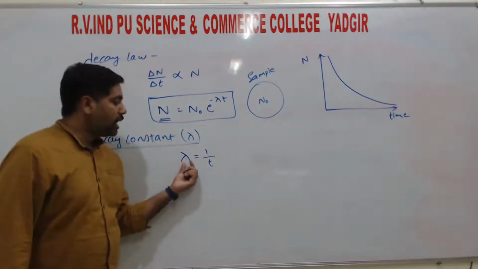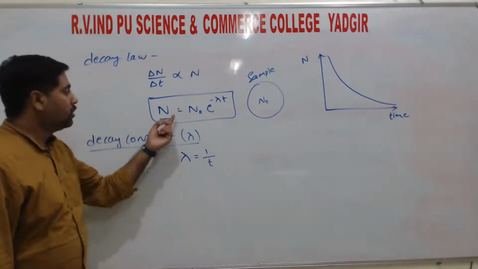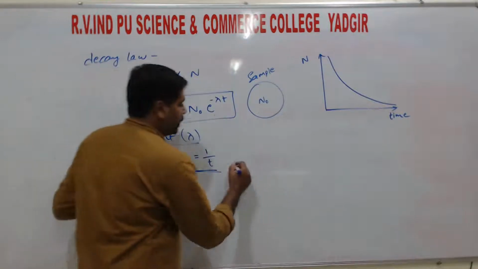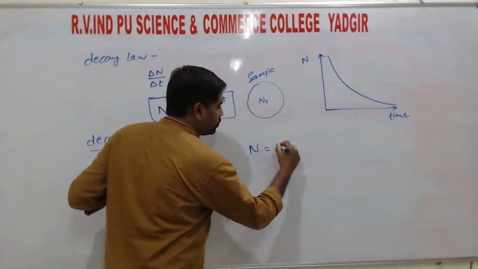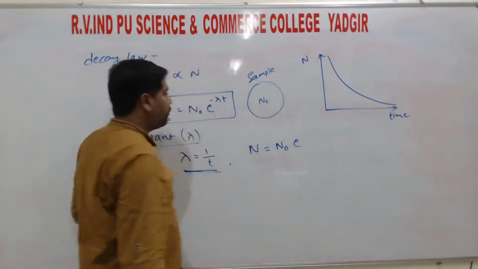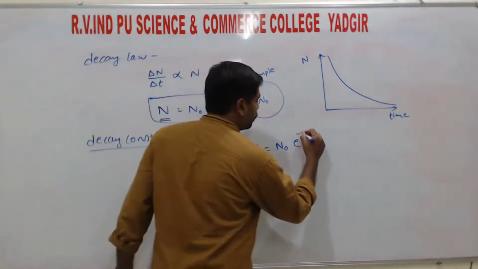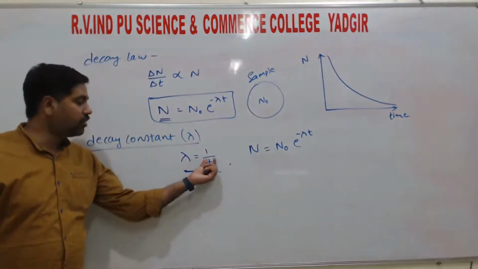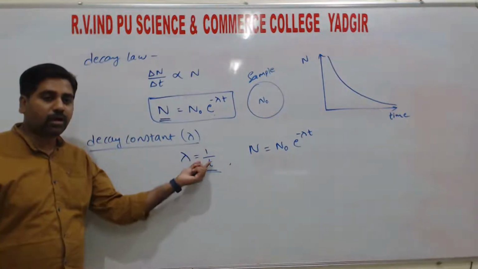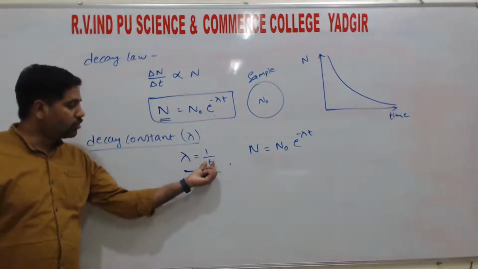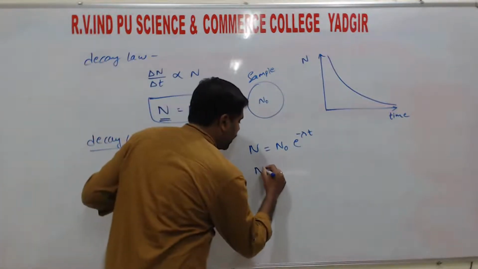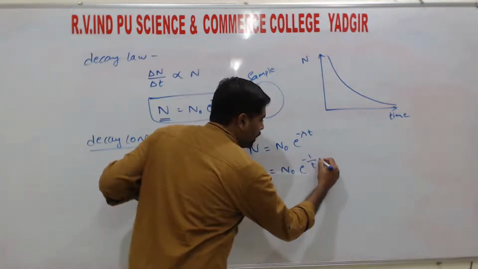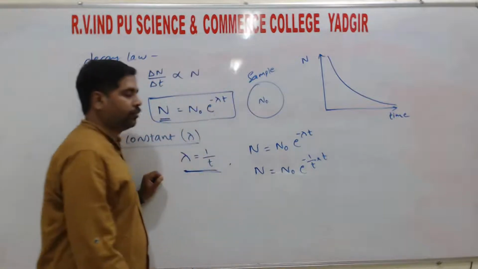So when lambda is equal to 1 by t, we substitute this value in the equation n is equal to n naught e to the power of minus lambda t, right? Taking lambda as 1 by t, the reciprocal of time, n is equal to n naught e to the power of minus 1 by t into t.